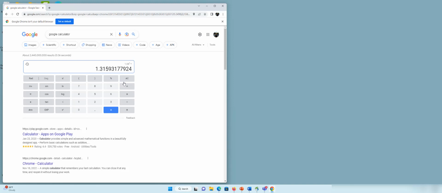Now I want to use this number and divide 300 by it to find the present value. I'm going to save this as answer and type 300 divided by answer, and that's equal to 227.975. So this is the present value of the $300 million that will be received in 7 years.